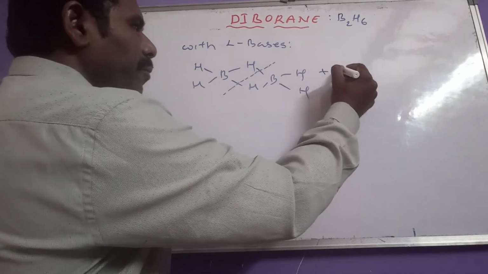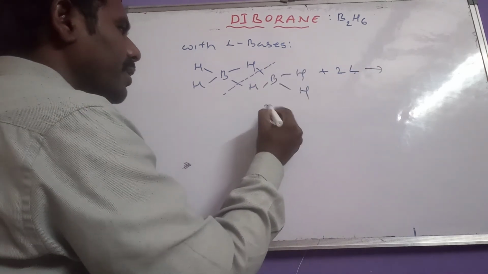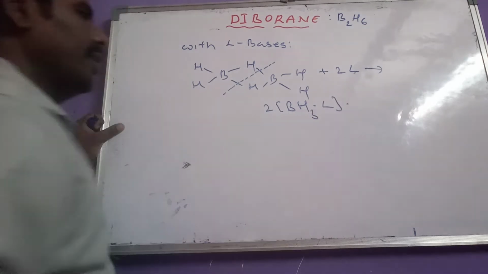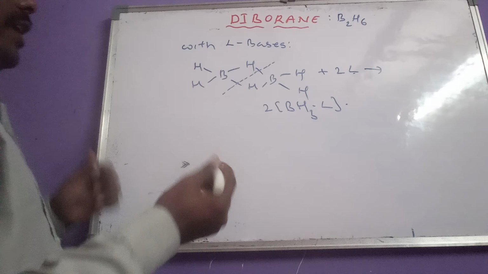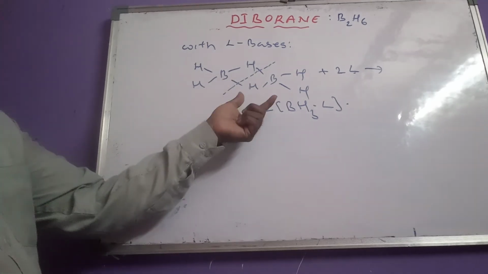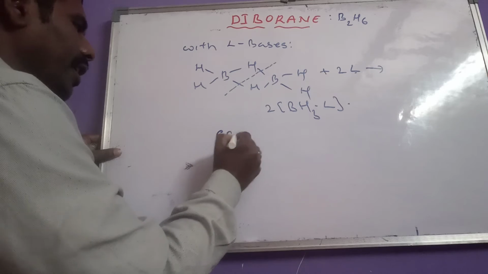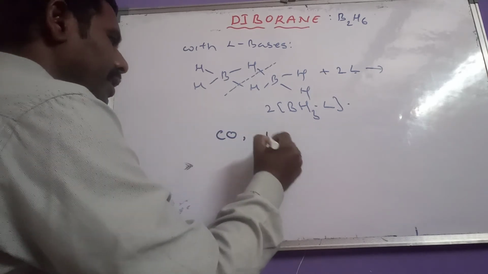So when diborane reacts with 2 moles of Lewis bases, we get 2BH3.L. Now I give one example for this.